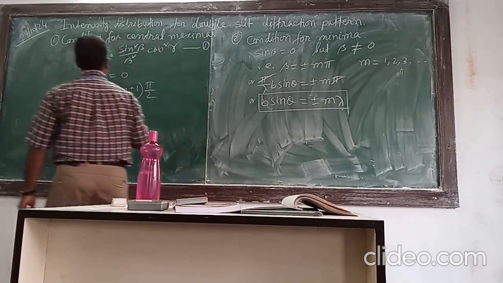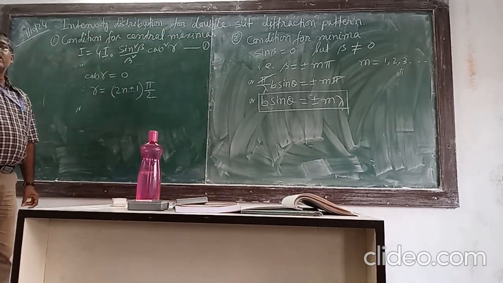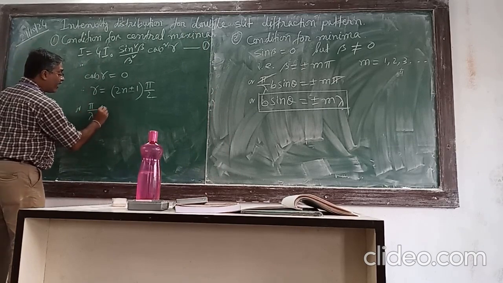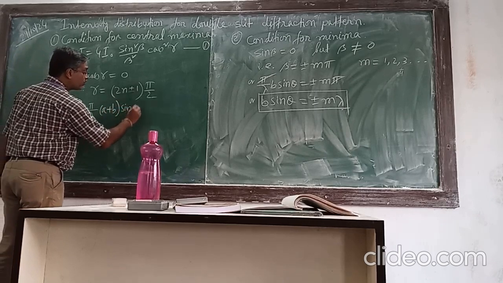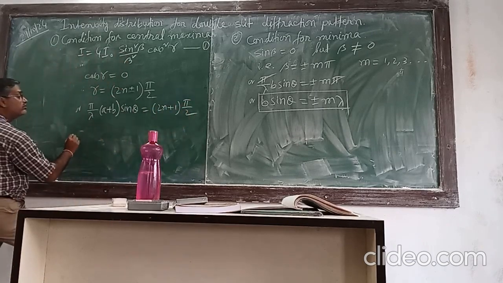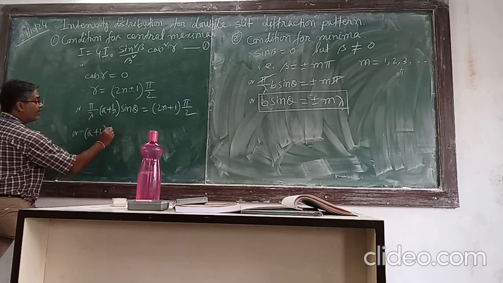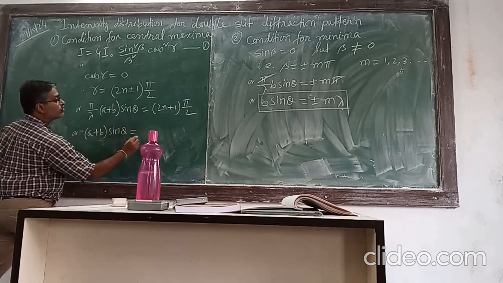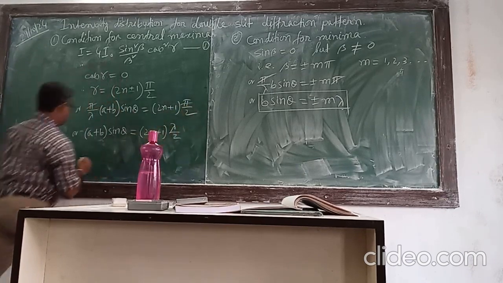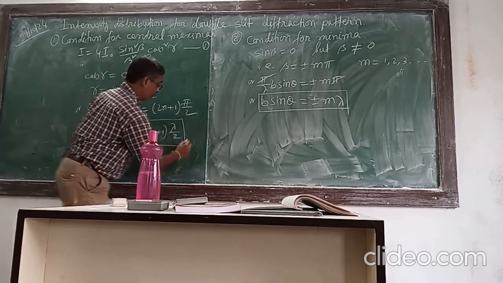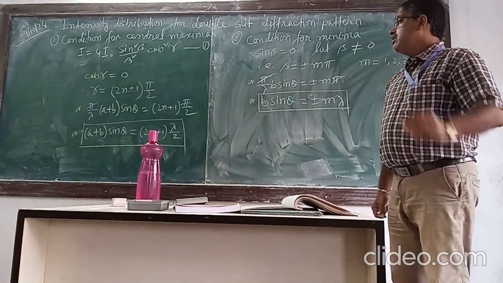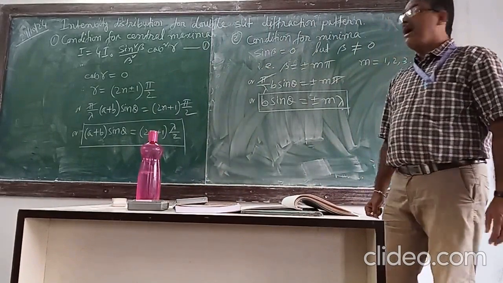So gamma equals pi by lambda (a plus b) sin theta equals (2n plus 1) pi by 2, or (a plus b) sin theta equals (2n plus 1) lambda by 2.